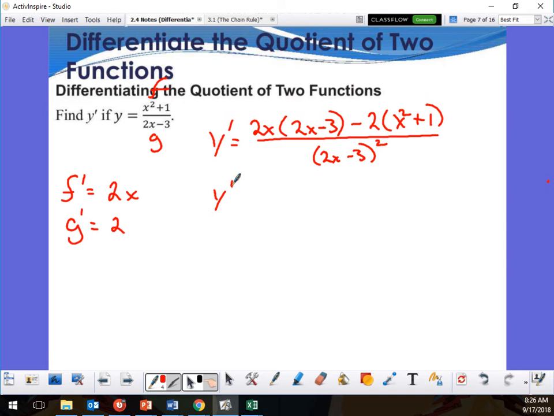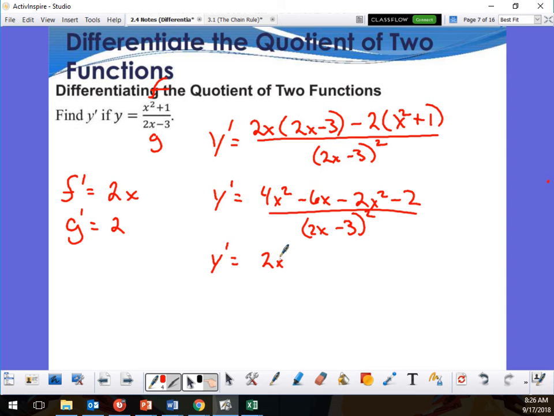So y prime is going to be 4x squared minus 6x minus 2x squared minus 2 all over 2x minus 3 squared. Combine like terms. So y prime is going to be 2x squared minus 6x minus 2 all over my 2x minus 3 squared.